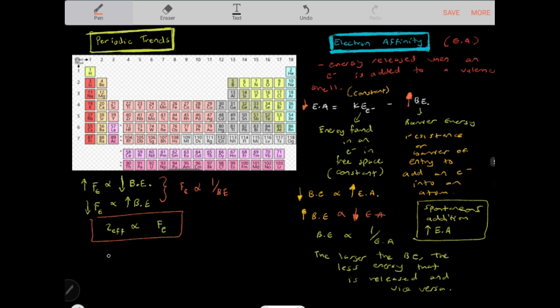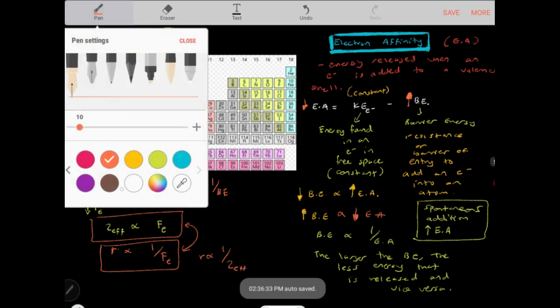We also understand that the force of attraction is inversely proportional to the separation distance. So the separation distance is inversely proportional to the force of attraction, right? So this is also important to understand as well. And we can link these two together, right? So the separation distance is also inversely proportional to the effective nuclear charge, right?